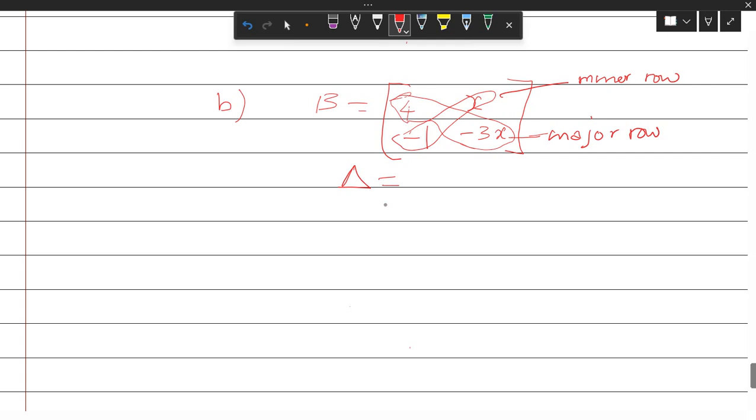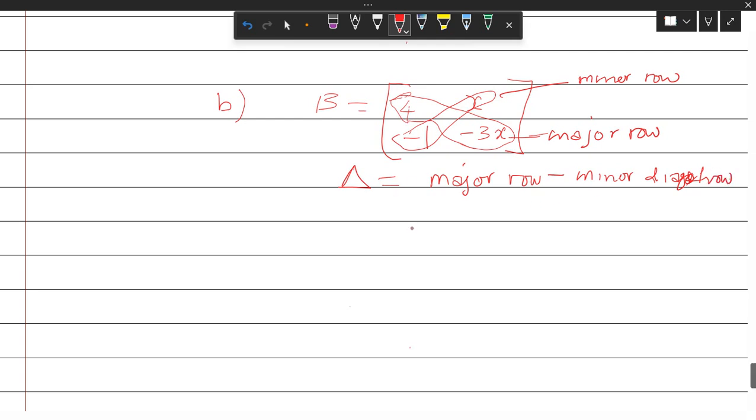So the formula is the major diagonal, we subtract the minor diagonal, like that.